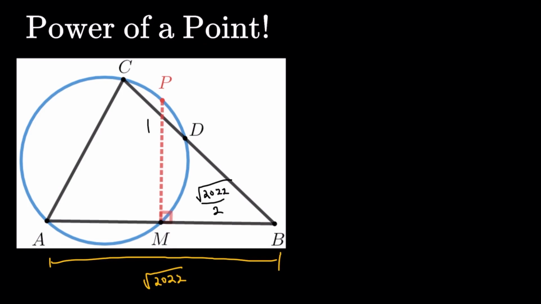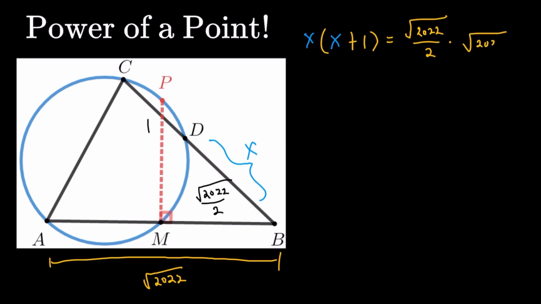By the power of a point, let me assign DB to be just x, and we should have the following: x times x plus 1 should be equal to the square root of 2022 divided by 2 times the entire square root of 2022.